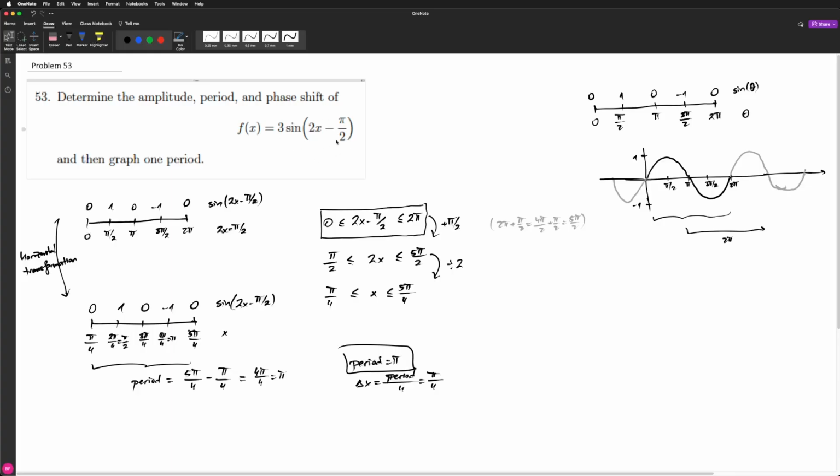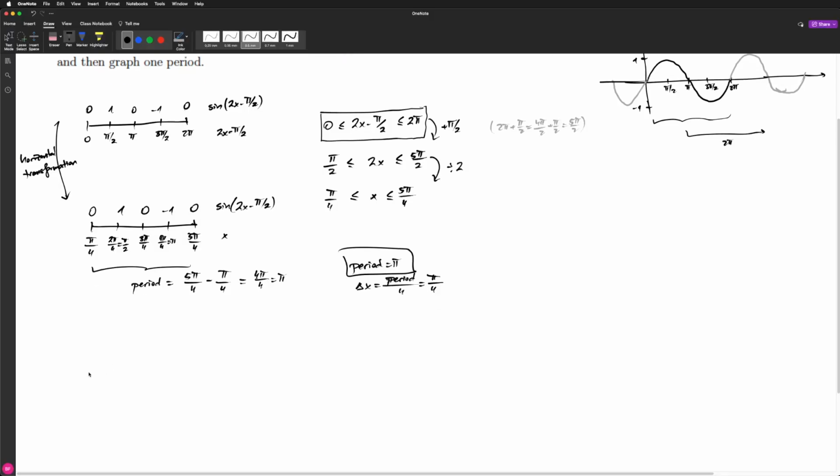Replace sine of 2x minus pi over 2 by 3 times, and that would be just multiply. So I just put the numbers that I found earlier, and wherever I see y, I just multiply everything by 3.